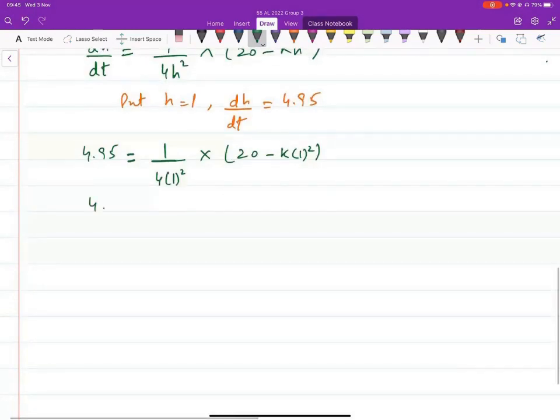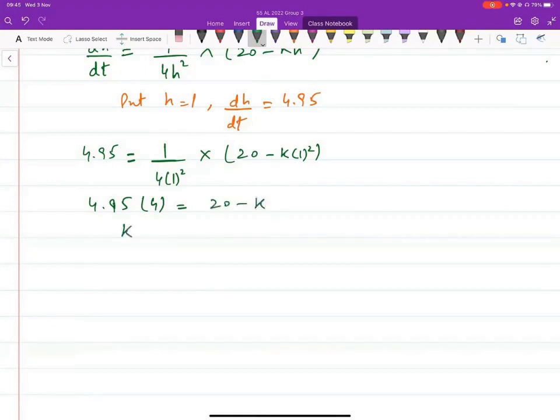That gives us 4.95 into 4. On the other side, we've got 20 minus k. And you can find the value of k from here. What do we get? 0.2, right? So that's the value of k that we get.